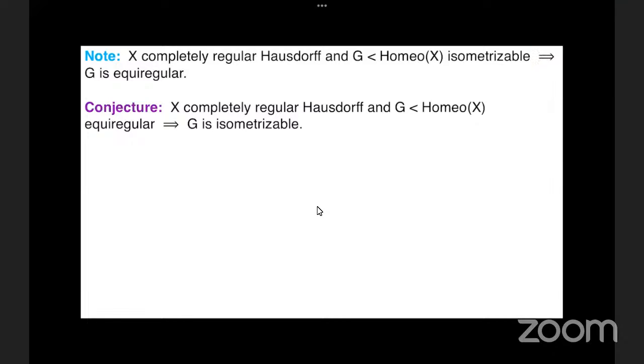Oh, you mentioned that you had some idea about the geometric proof of the Bing-Moise metrization theorem. Can you tell something about your idea? Because I had a similar idea a few years ago when I was somewhat interested in that.